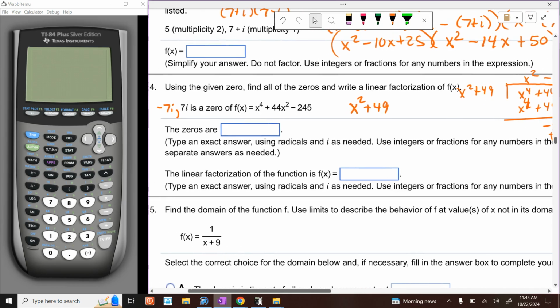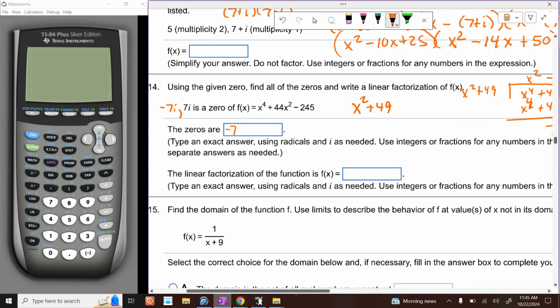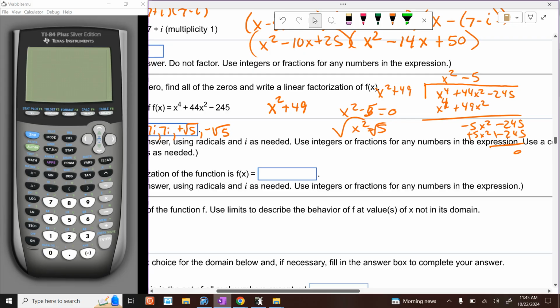So what are the zeros? Well, they are negative 7i, 7i. And then to solve this, x squared minus 5 equals 0. So x squared equals 5. And take the square root. It's positive square root of 5 and negative square root of 5. The long division there.